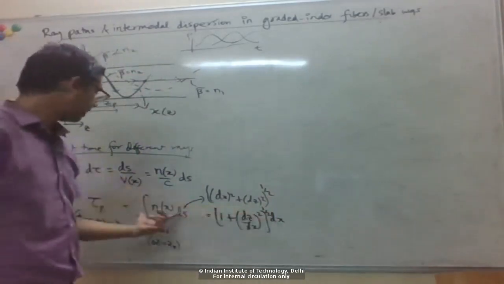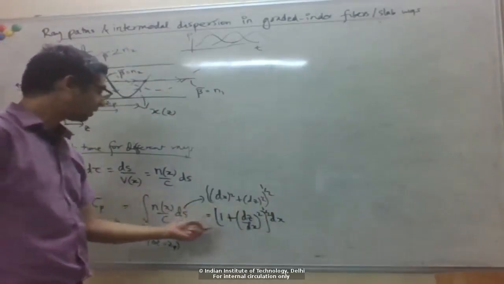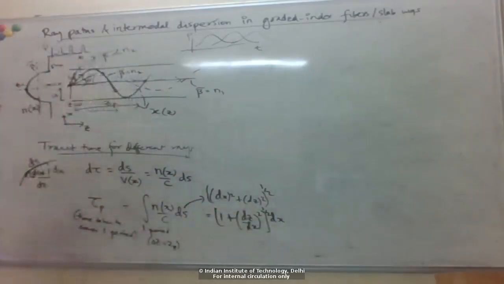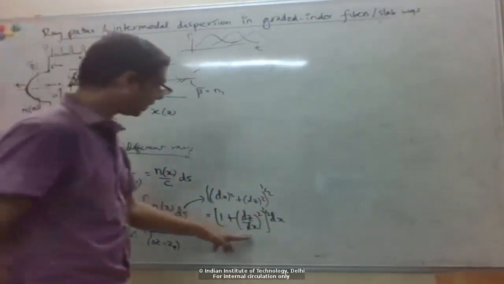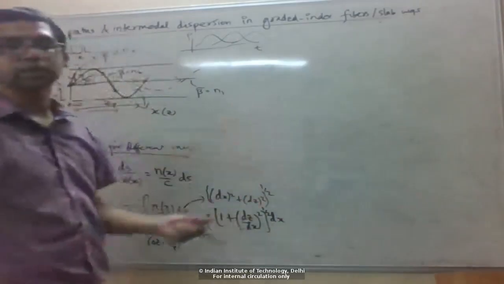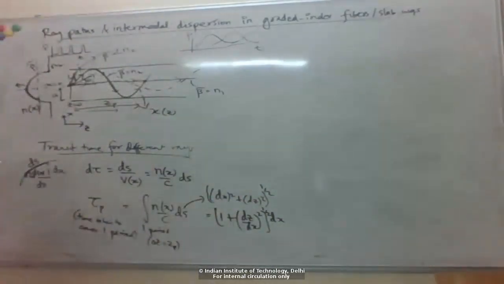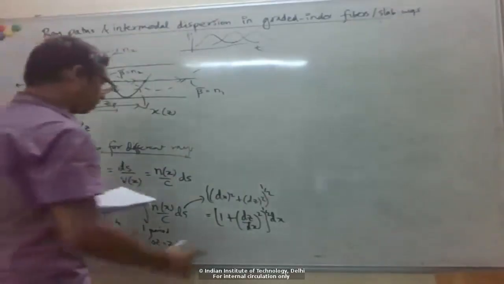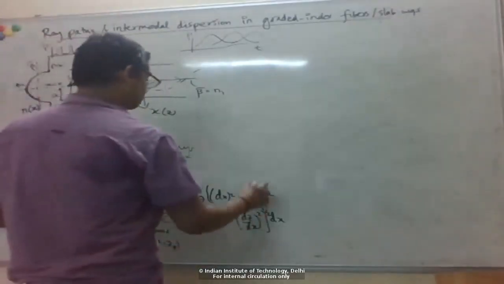For example, if I get an integral in terms of x, I take dx out, and then recall we had expressions for dz by dx from the ray equation already.